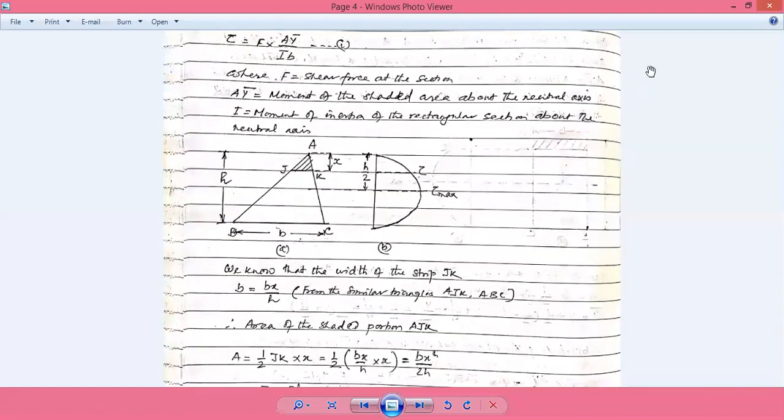Now from this equation, we know F, we got A, we get y bar, and we are supposed to get I and B. So A we have received, and y bar is given.